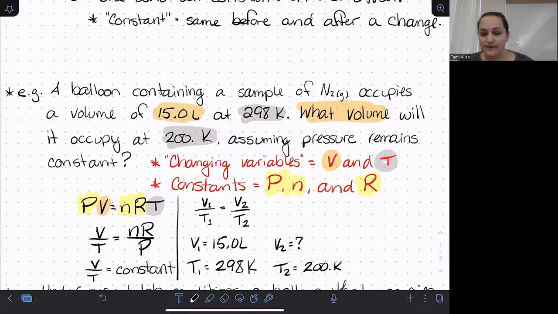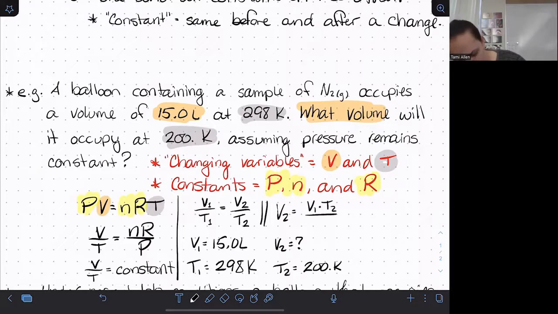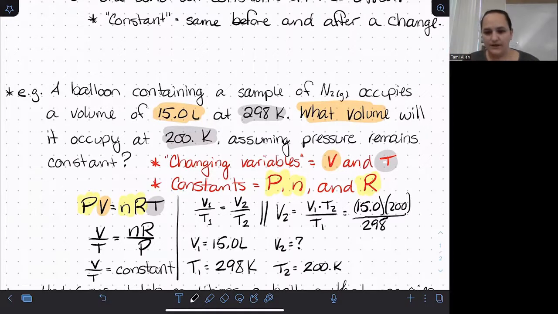So once we have all of this, we're just plugging into the relationship that we derived. V2 is what we're solving for. So V2 will be V1 times T2 over T1, or 15 times 200 over 298, which is about 10.1 liters.